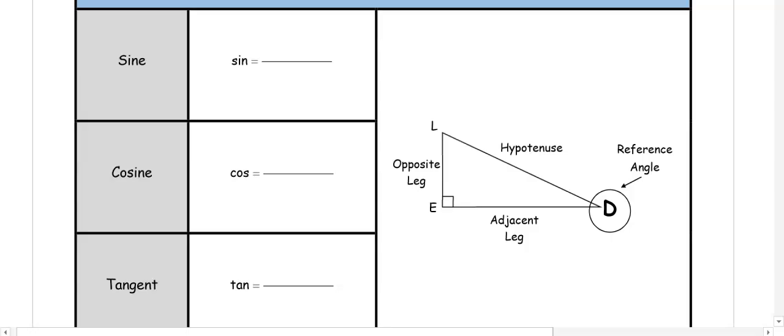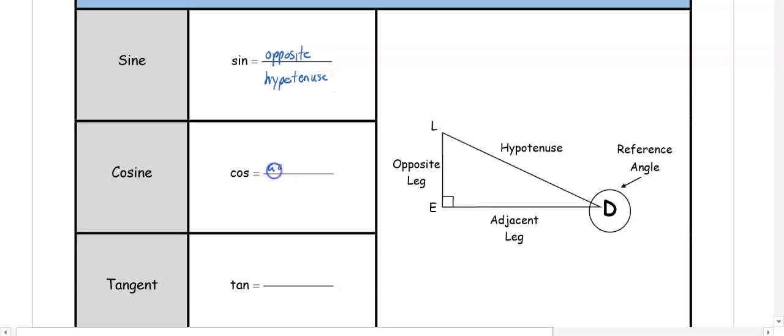Based off the reference angle, you can label your sides. So across from the reference angle is the opposite leg, across from the right angle is the hypotenuse, and the third side is the adjacent leg. Depending on your ratios, you are going to set up using those sides. So sine is going to be your opposite over your hypotenuse.